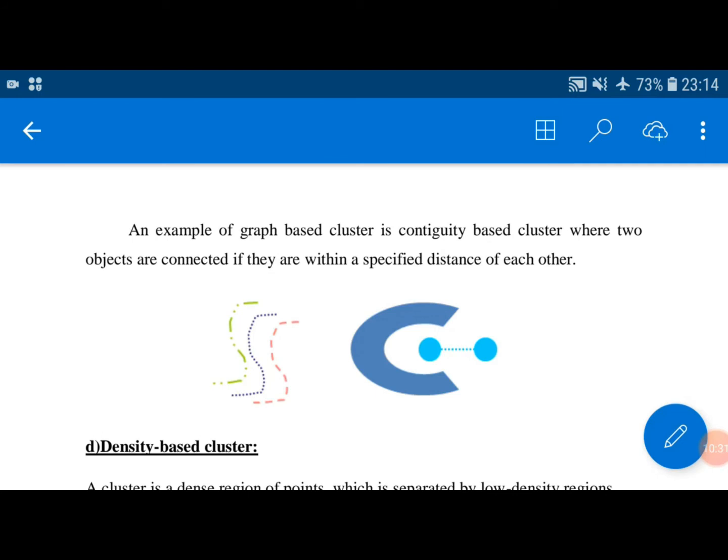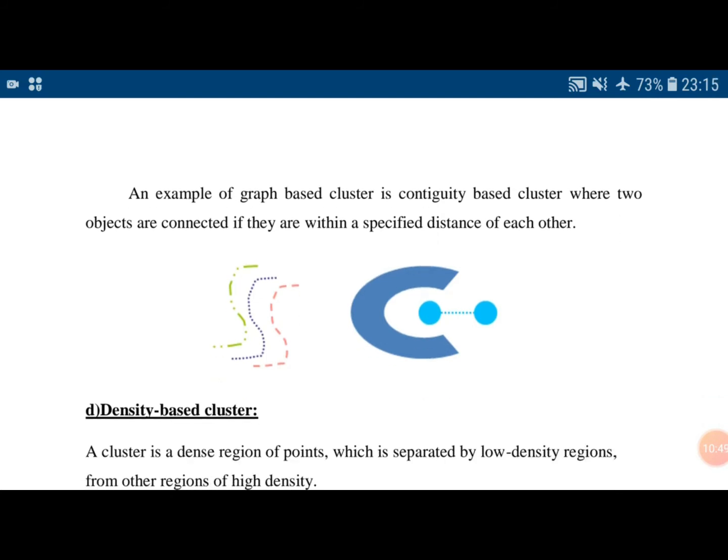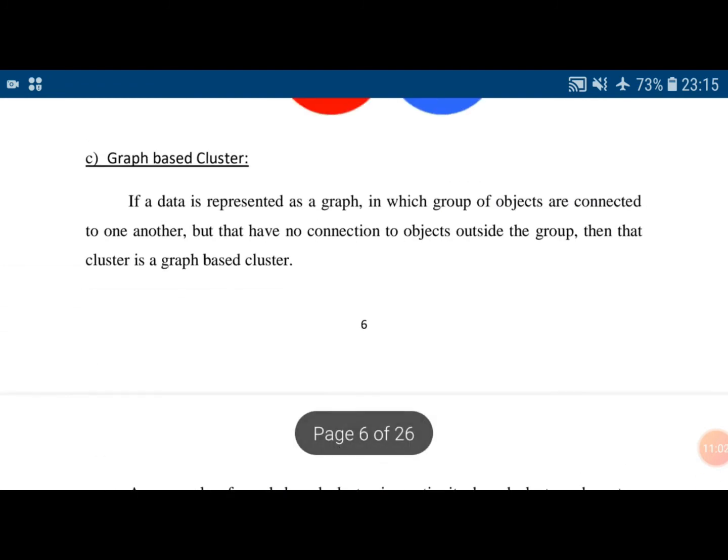So that is, for example, cluster 1. Like that in cluster 2 also, in light blue color, different points combine and form cluster 2. Next, in cluster 3 also, all the nearer points are combined together and form cluster 3. These clusters look like a graph, that's why it is called a graph-based cluster.